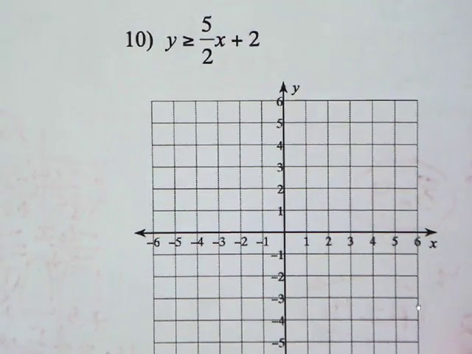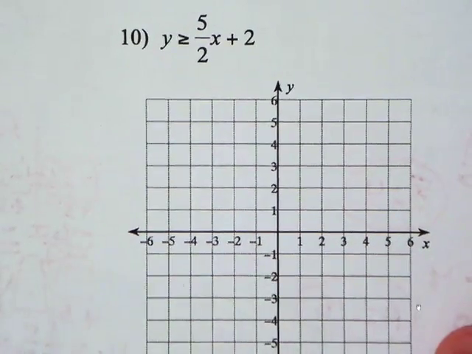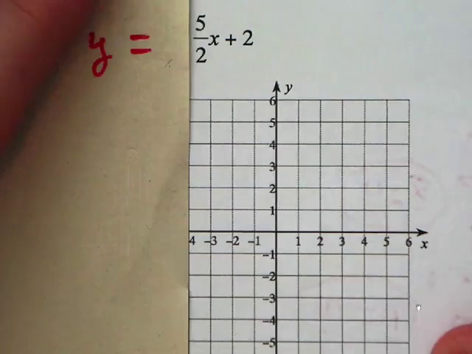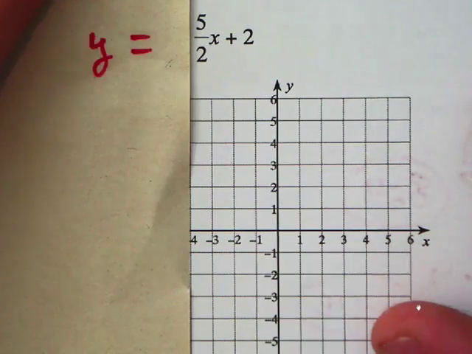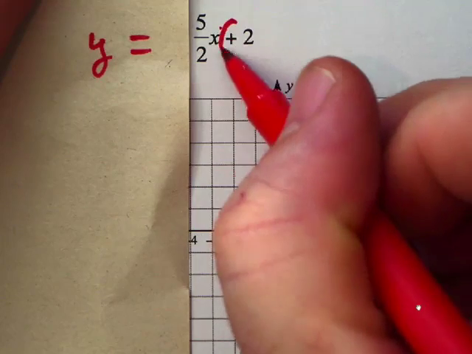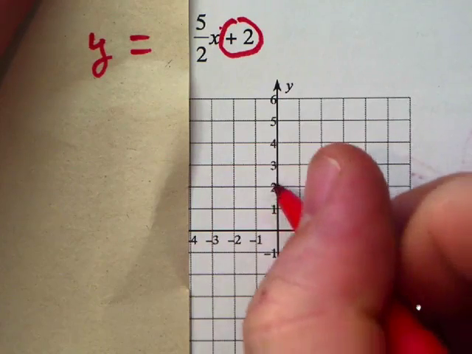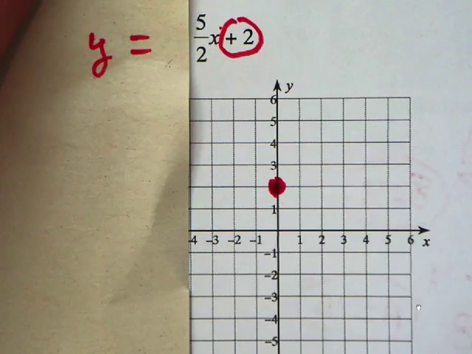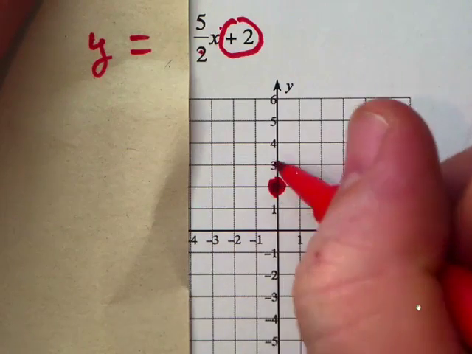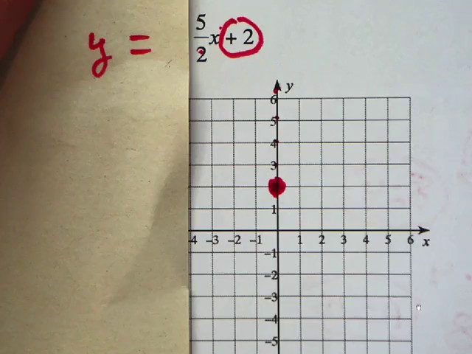Okay, number 10. Again, ignore the inequality at first and just say, all right, y equals, what does y equal? Well, there's our y-intercept, so positive 2. We're going to go positive 5, positive 2, so up 1, 2, 3, 4, we can't.